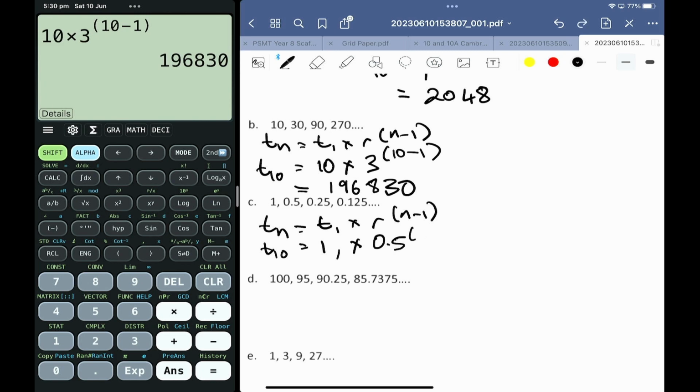And n, once again, is 10 minus 1. So that's 1 times 0.5 to the power of 10 minus 1, which gives us 0.0019.